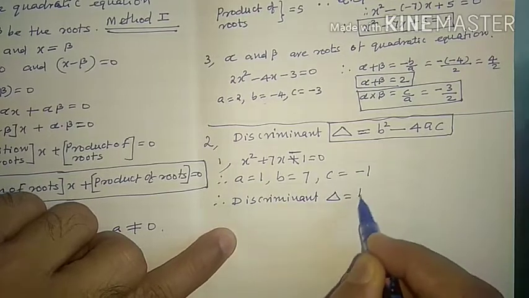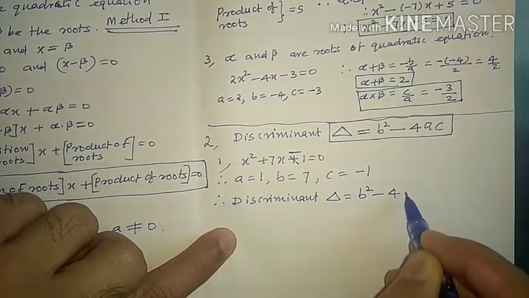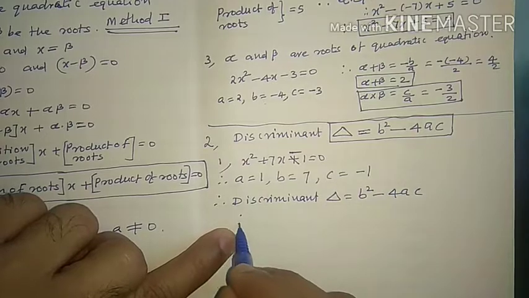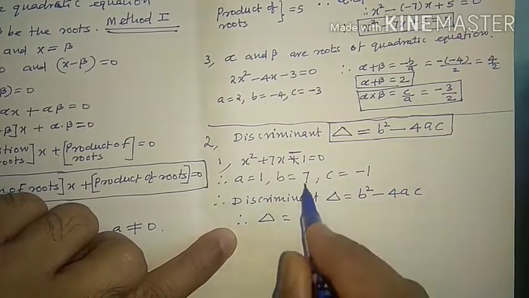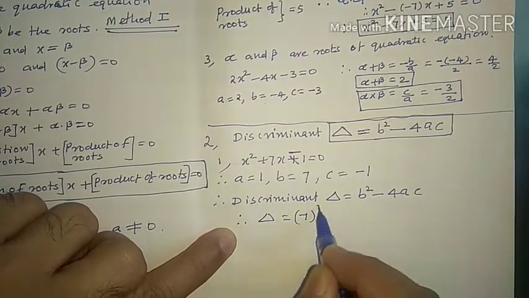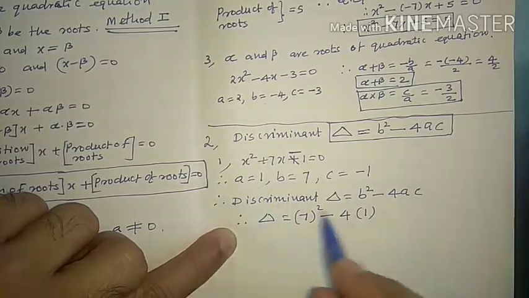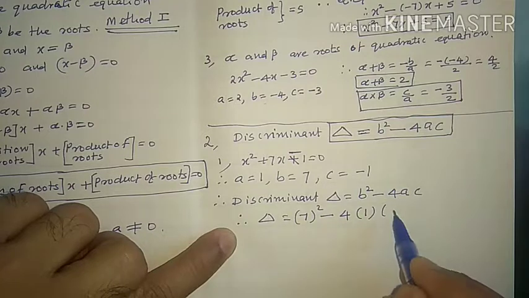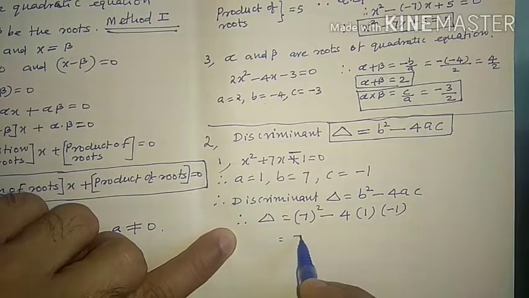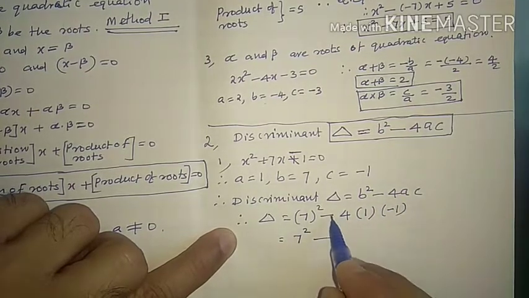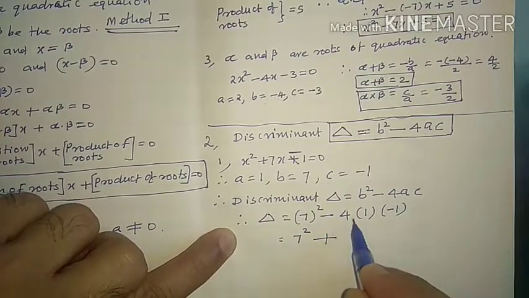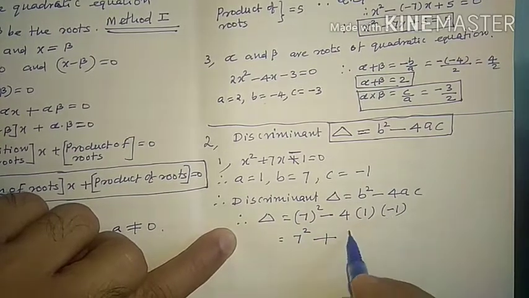Therefore, the value of the discriminant delta is b square minus 4ac. So delta is b square, 7 square, minus 4 into a is 1 into c is minus 1. 7 square minus into minus plus 4 ones are 4.